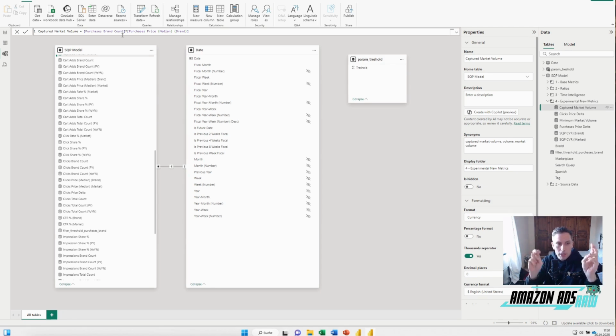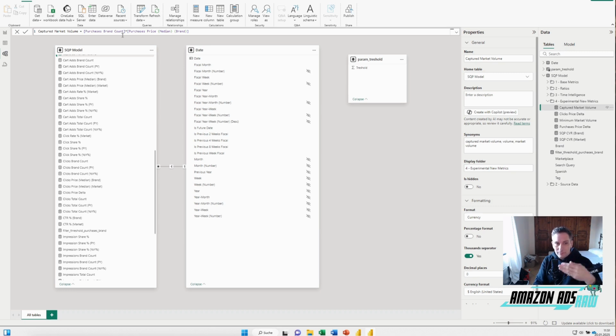real market share, because purchase share only shows you your market share on the amount of purchases. It doesn't incorporate the difference in prices, right? If you have double the price and you get 1% of the market purchases, you actually get double the market volume because your price is double.